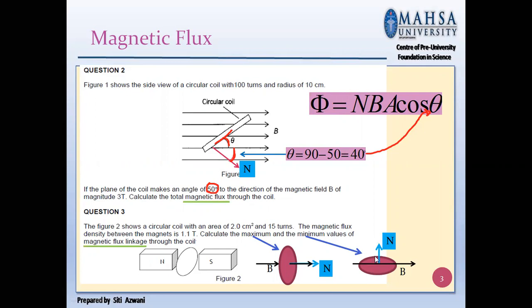Minimum means the angle between B and the normal of your plane is 90 degrees. So cos 90 degrees you get 0, so the magnetic flux is equal to 0. So the minimum value of the magnetic flux linkage is 0.